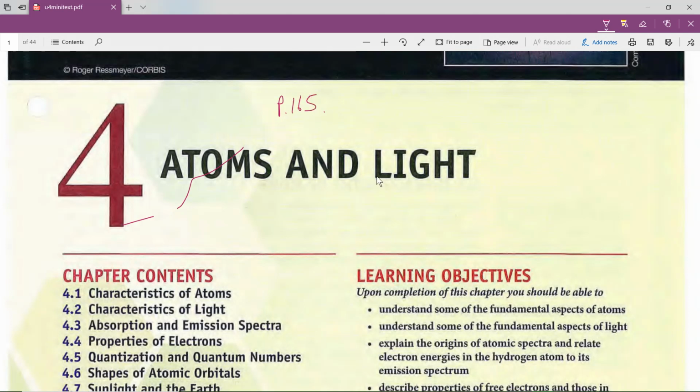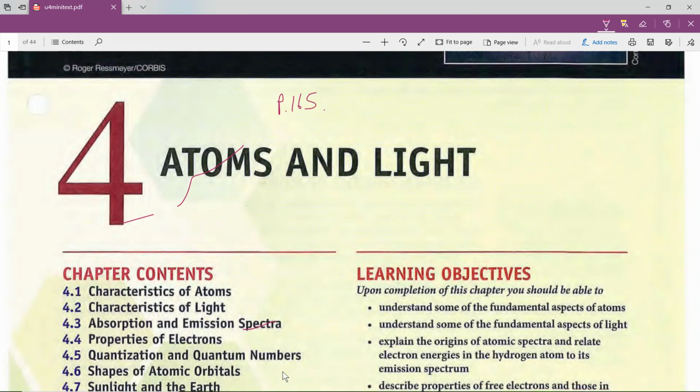We'll be looking at textbooks and PowerPoints to help us look at atoms, the characteristics of atoms. Atoms are small. How about that? Light, because photons, bundles of energy, and matter talk to each other in the world of spectroscopy. So we look at absorption and emission spectroscopy, properties of electrons, quantization and quantum numbers, shapes of atomic orbitals, even a bit about sunlight.